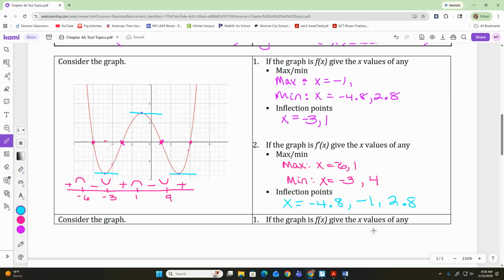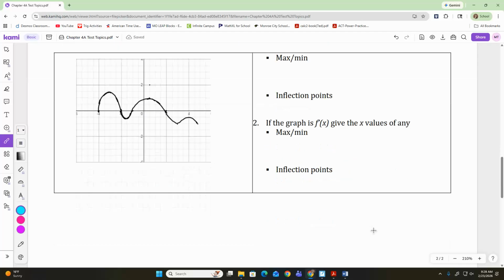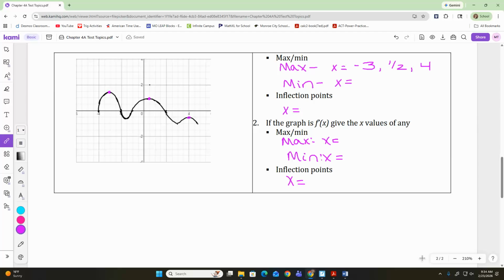Why don't you guys take a minute and try the next one? I apologize, the graph isn't as pretty. I was trying to draw one and it's not great, but see how we did. Not all these were nice x values, but we can probably get close. So our max. If this is the original function and we have a max at negative 3, probably positive 1/2, and positive 4.